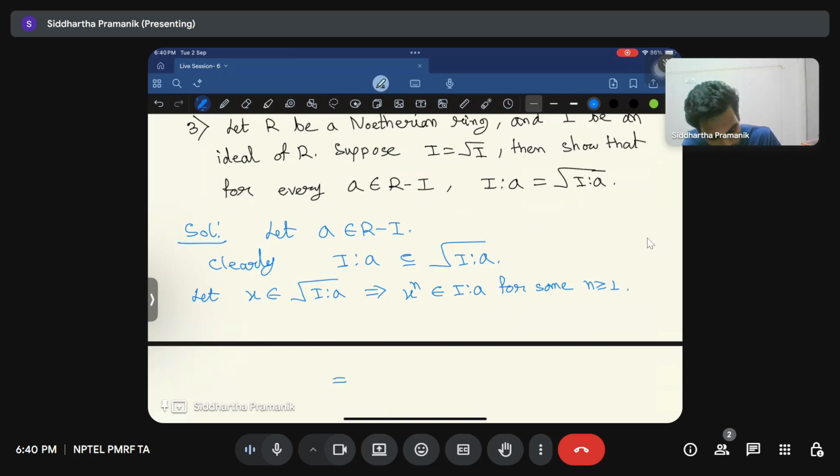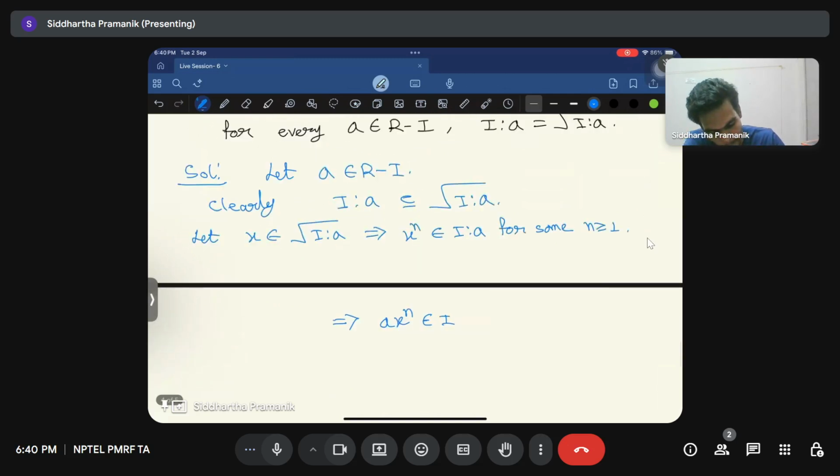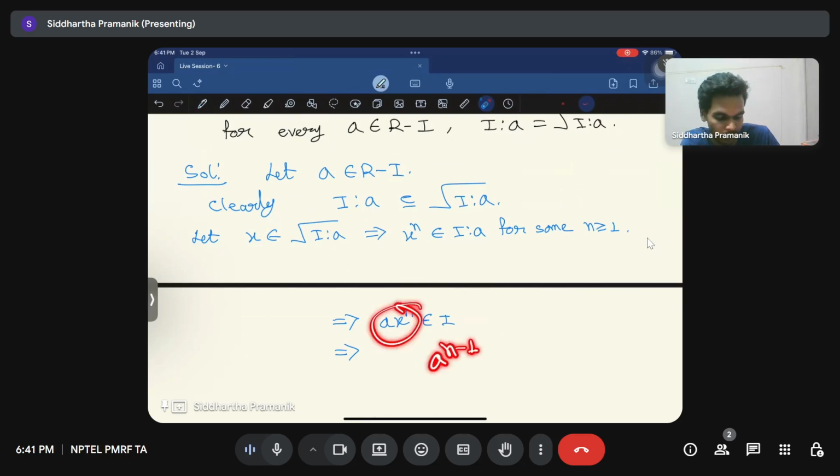Now that will imply a times x power n is in I. But I is an ideal, so if we multiply this term by a power n minus 1, that is also in I. So a power n minus 1 times a x power n is in I, because I is an ideal.